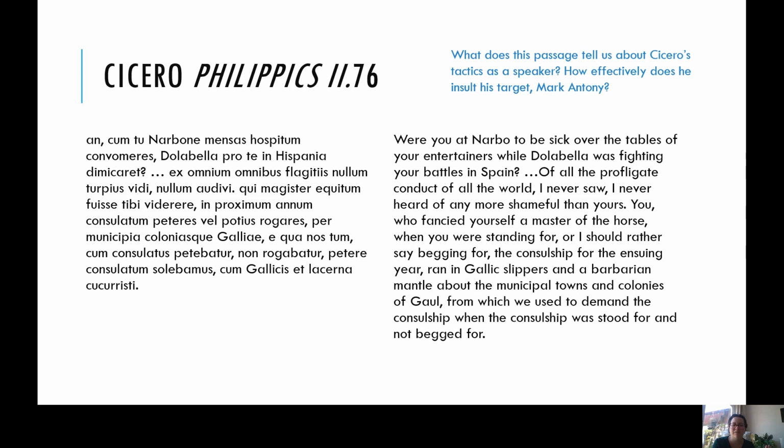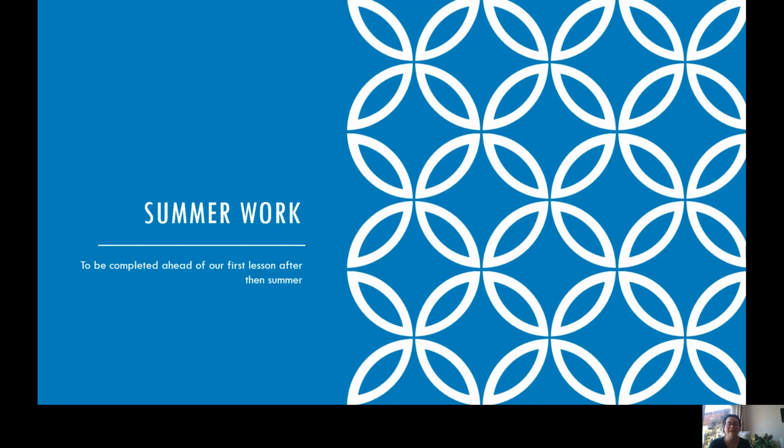He's saying that he delights in wearing Gallic slippers and barbarian clothing. How strange. So it's all designed to really undermine Mark Antony's status as a Roman leader. Hopefully not the sort of conduct we would see in modern politicians, although at times it can be an interesting parallel.